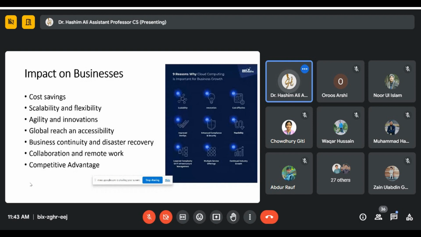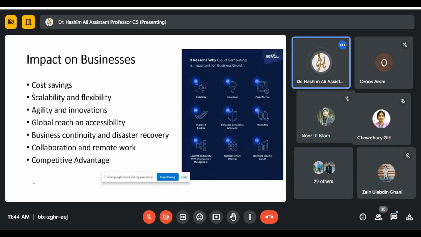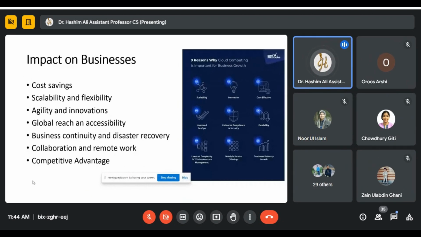And it also provides different businesses a competitive environment, irrespective of whether a business is large or small. It allows different businesses to come to the same platform or the same market, and competitive advantage is also an impact of the services provided by cloud computing.